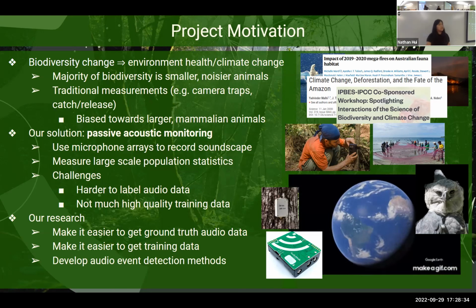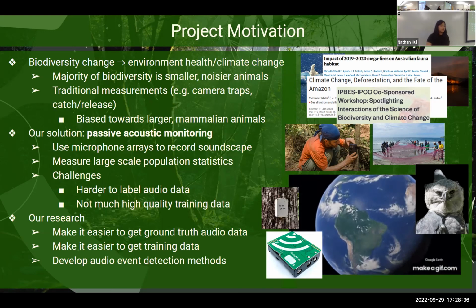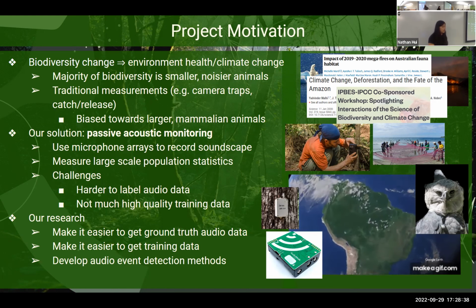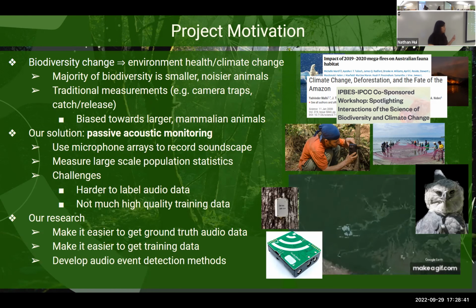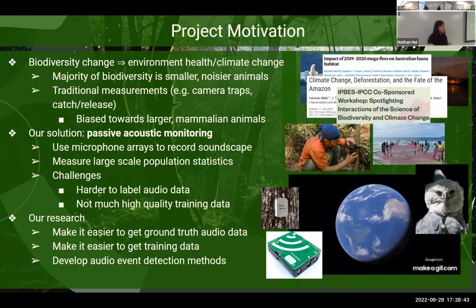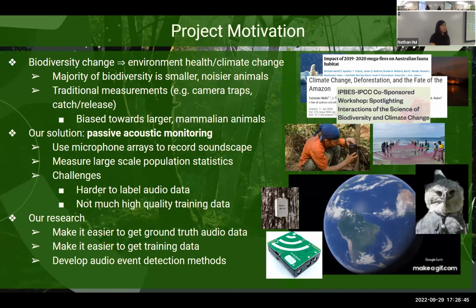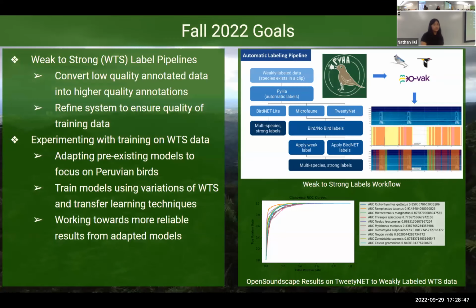So our research is trying to make it easier to get ground truth data for animal calls, make it easier to get that training data, and then develop audio detection methods. Our current fall 2022 goals mostly work off of some of our summer goals. Right now, what we've developed is a system that takes data, since most publicly available data is what we refer to as weakly labeled.